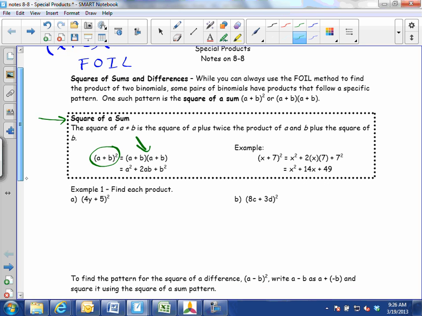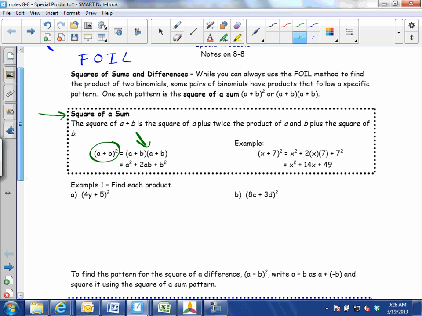A binomial times itself always follows this pattern, where all I have to do is square the first term, take 2 times the 2 terms to get the middle term, and then square the last term. It's always going to follow this pattern.